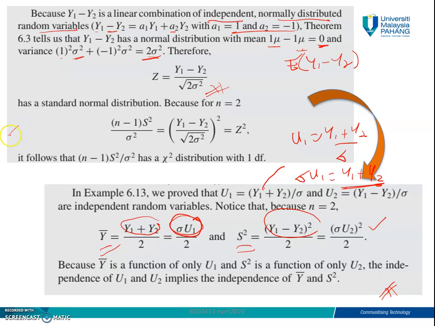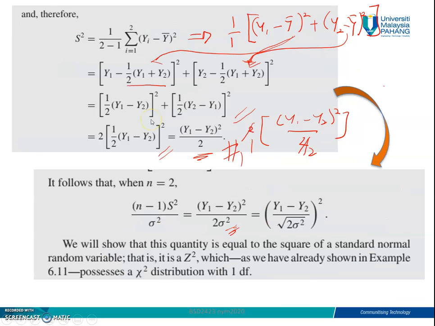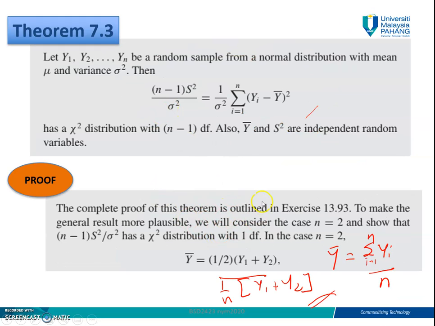But this one is to show you that when y1, y2 until yn are from a normal distribution with mean mu and variance sigma square, and then we have this one, based on this it will give you a chi-square distribution with n minus 1 degrees of freedom.